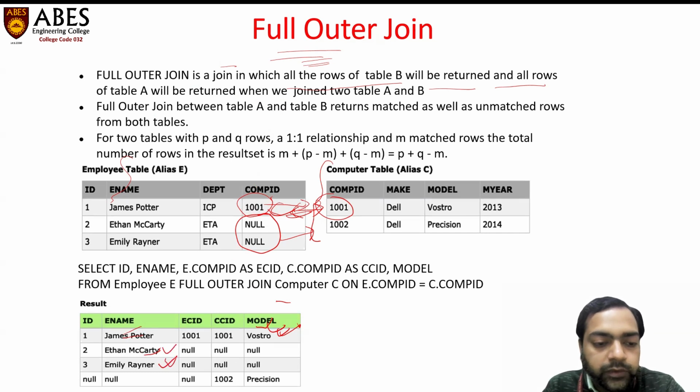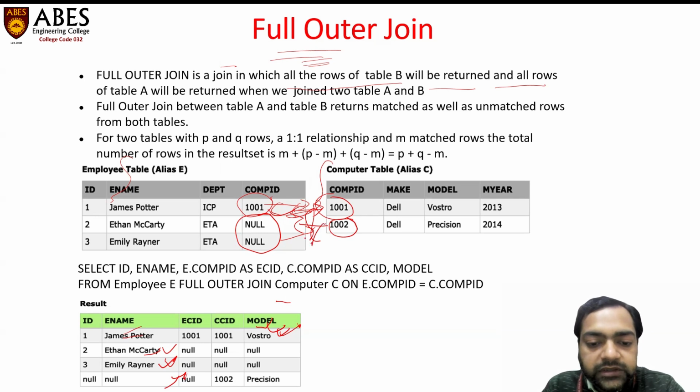These two values will be from left outer join, and this last value will be from right outer join, because this 1002 also does not have a match tuple. So basically in full outer join we'll first of all perform inner join, and after that we'll consider all the unmatched tuples from table A and from table B, right?